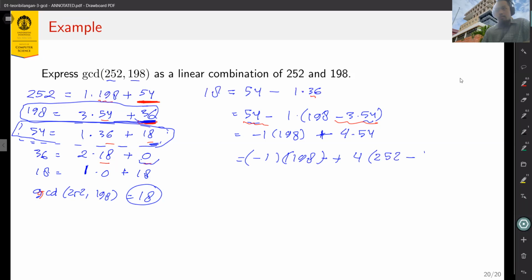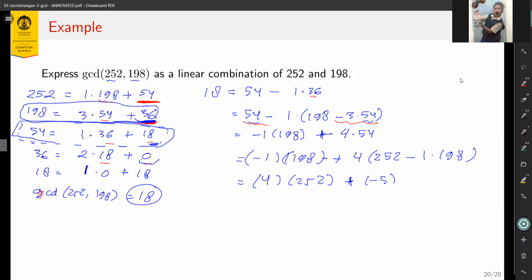252 minus 1 times 198, which gives us 4 times 252. And then what? Plus minus 5. Yes, minus 5 times 198.